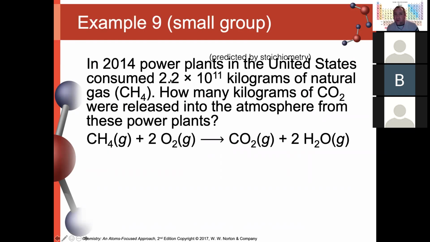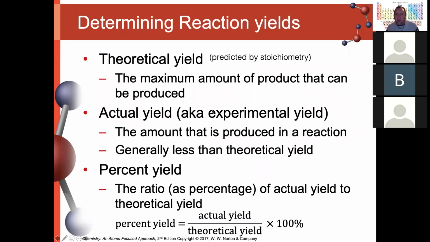We burned 2.2 kilograms in our laboratory and then measured how much carbon dioxide was produced from that. The amount that we got in the laboratory would be our actual yield.